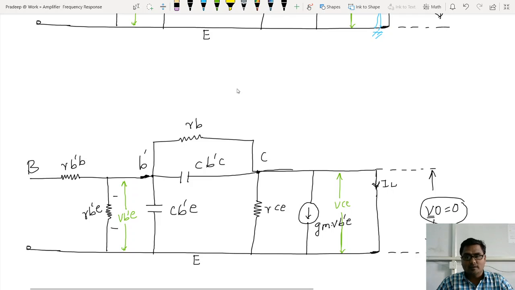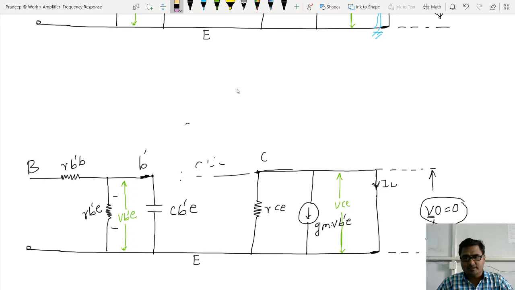I need to remove this from here, because now it is directly connected to the ground. Even this capacitor CB dash C I need to remove, and I have to connect it directly to the ground.